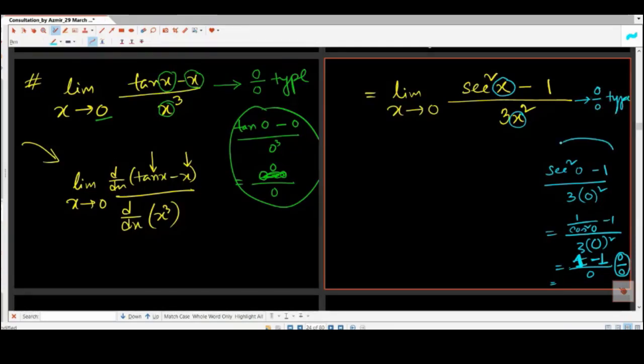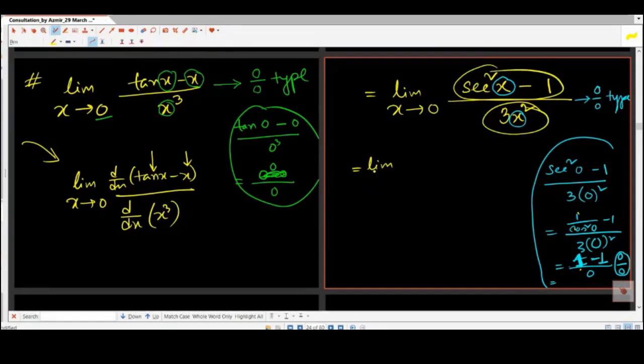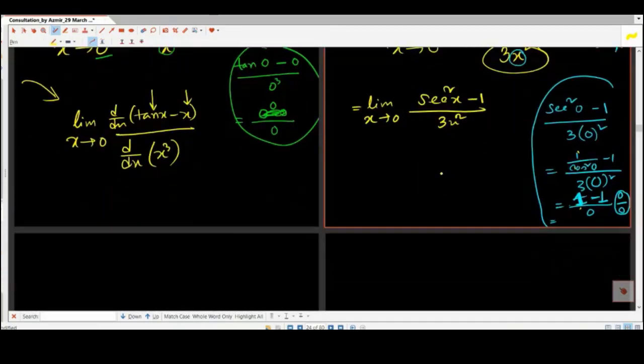So we have to do this check so that we can understand the type of the simplified function. So we have limit x tends to 0, secant squared x minus 1 over 3x squared.